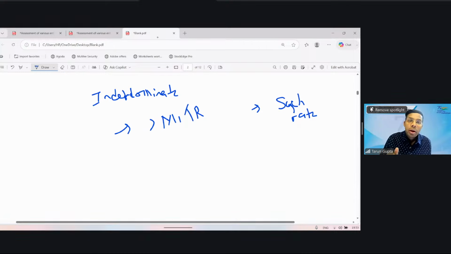But if there is no such member, then the total income of AOP or BOI shall be taxable at MMR. So, what's the conclusion? If the share of the members is indeterminate, then the AOP is taxable at least at MMR. It may be taxed at a rate more than MMR if it has any member who in his individual capacity is taxable at a rate more than MMR.